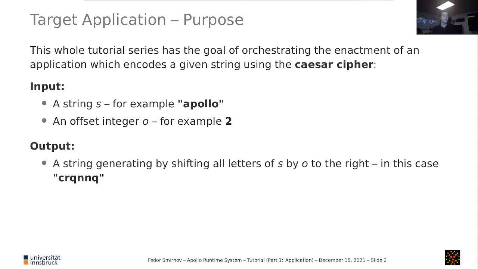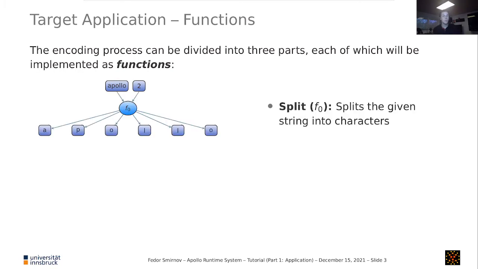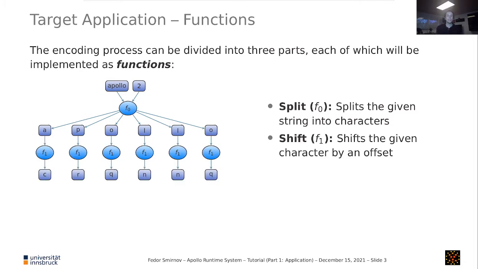So how it will look in our case is that we define 3 so-called functions, and these functions are individual parts of the application. The first function will be the split, which takes the given string as input and separates it into individual characters. So it will return an array or a collection of characters. The second function is shift.